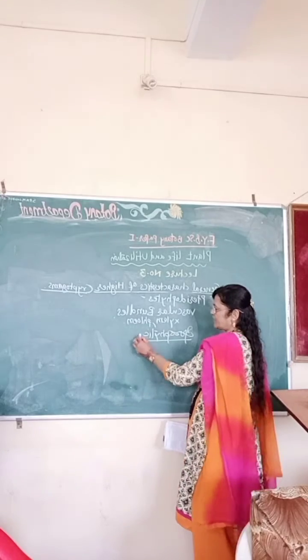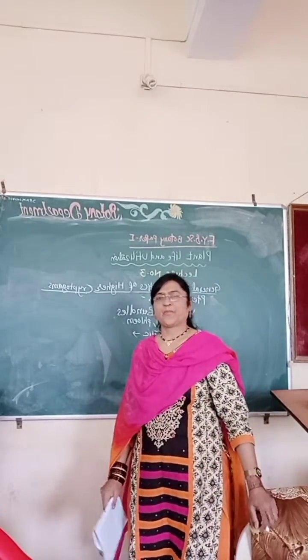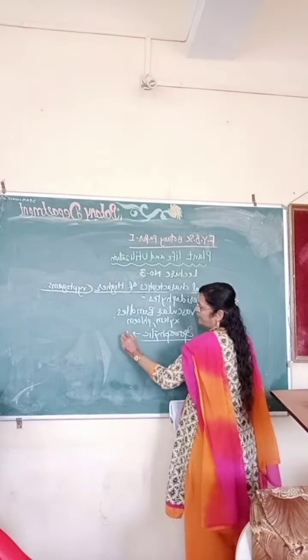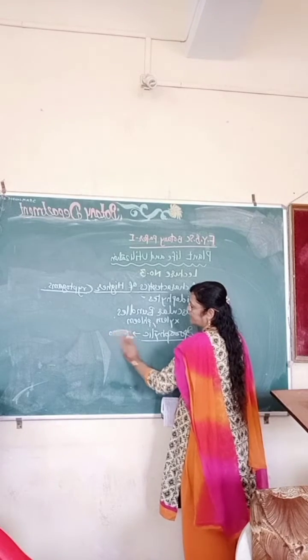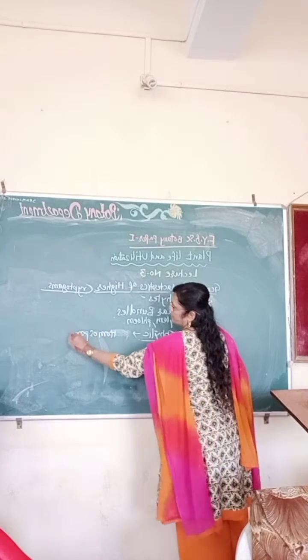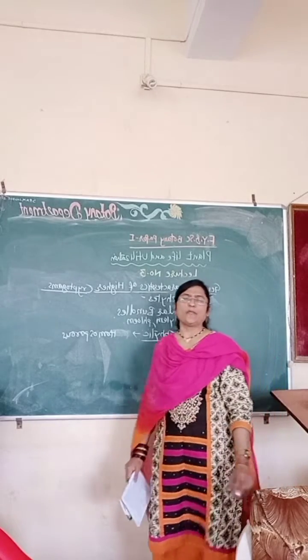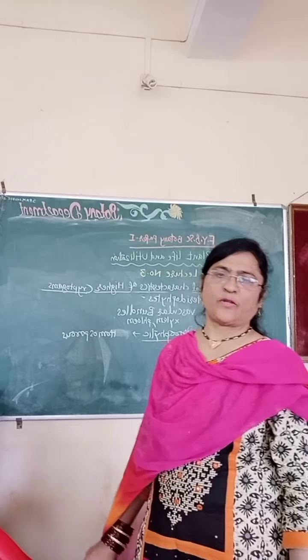This sporophytic plant body bears the spores. Either they bear the same type of spores, which are called homosporous, or in some cases there is formation of two different types of spores, which are called heterosporous.